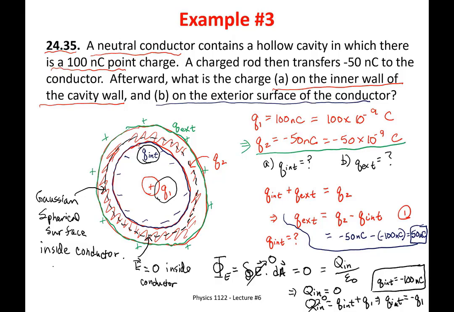So effectively, by placing the positive charge Q1 in the center of the hollow, we polarize the charge on the conducting shell, and using Gauss's law, we're able to figure out exactly how much charge we're going to have on the interior and exterior surface.